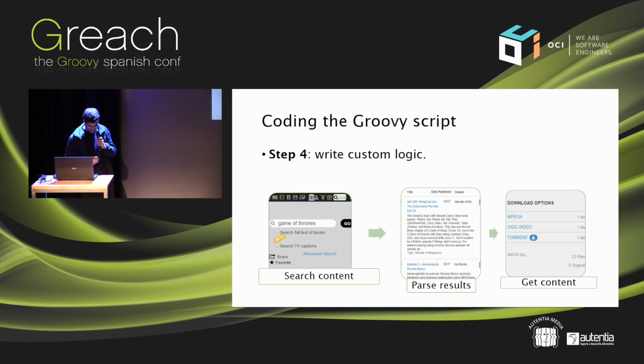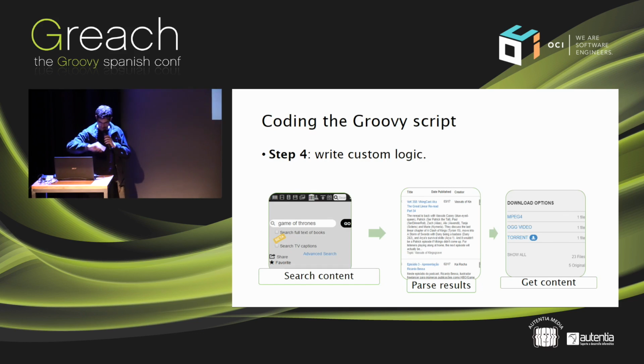So, next step, we'll write the custom logic. Remember what we want to do as part of the example that I'm showing you. First of all, we want to search content on the Internet Archive.